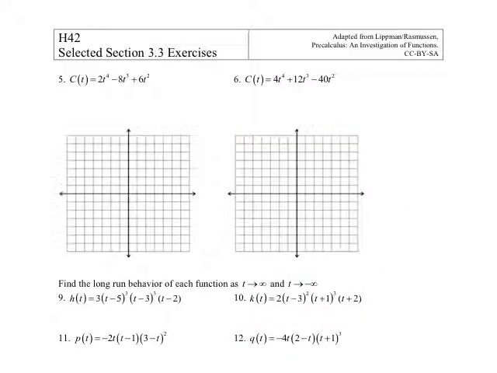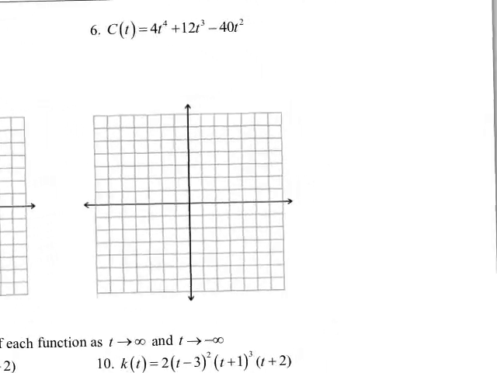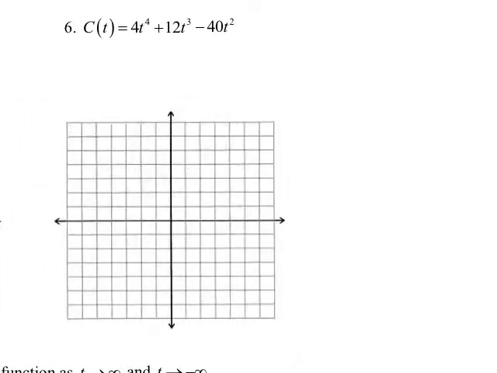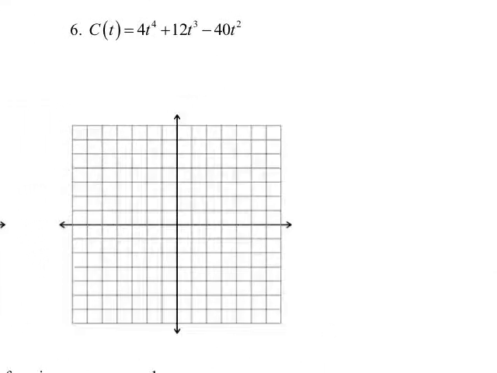Alright, so here we have a problem which is not already factored for us. So we would want to factor this to be able to do this in a much easier fashion. I noticed that all 3 terms have a value of 4 in it, so I'm going to factor out a 4, and all 3 terms have t squared in it.